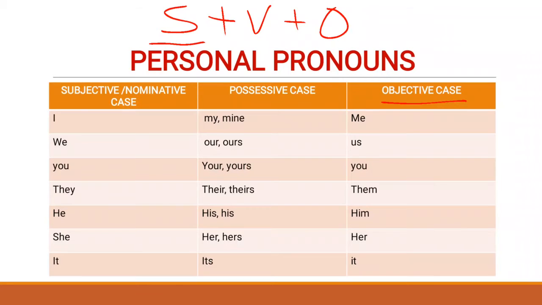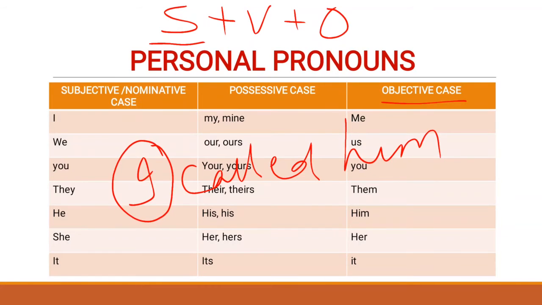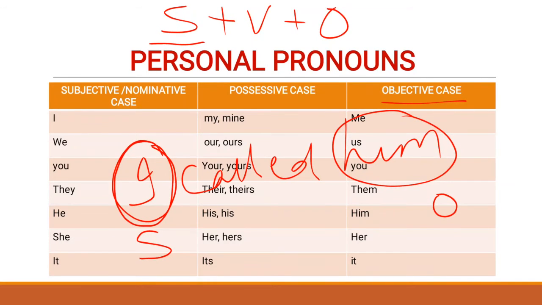For example, when I say I called him, here I is the subject and him is the object. And you can see that when I am using I as subject, I am using the subjective case I. And when I am using an objective case in my sentence, I am not using the pronoun he.